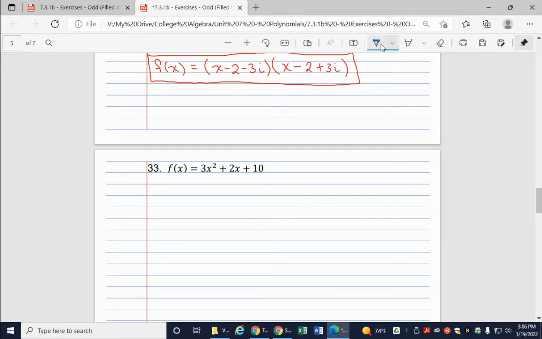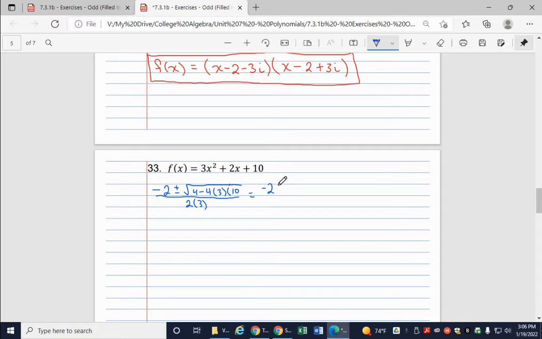Okay, the quadratic formula says negative b, so negative 2, plus or minus the square root of b squared, so 2 squared is 4, minus 4a, where a is 3 and c is 10, all over 2a, where a is 3.